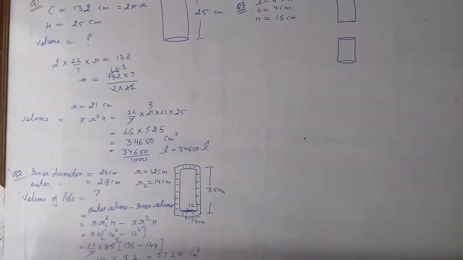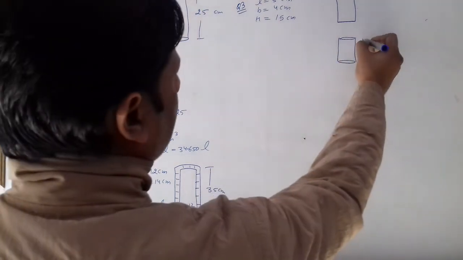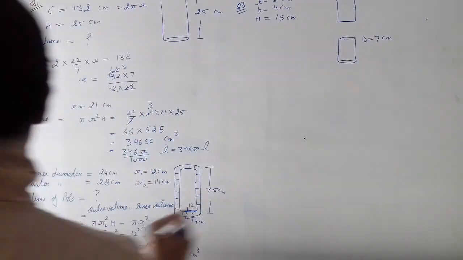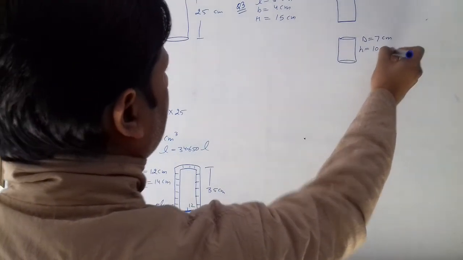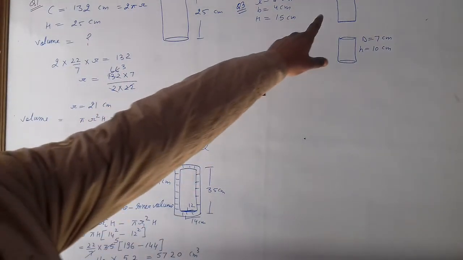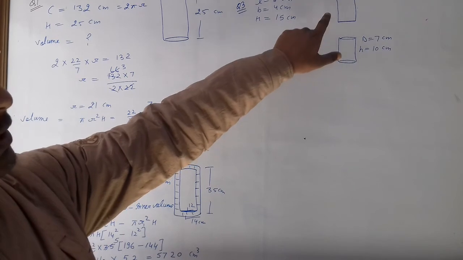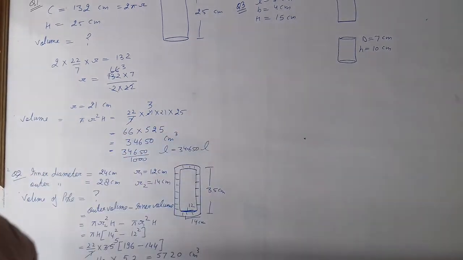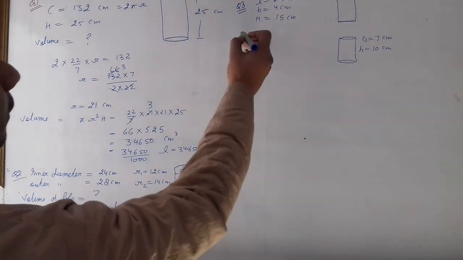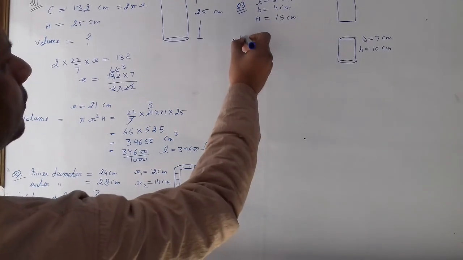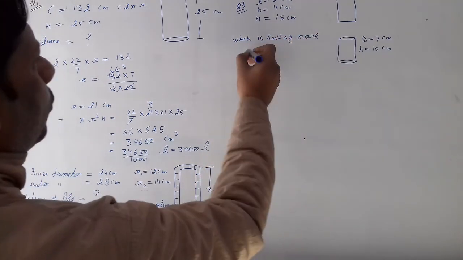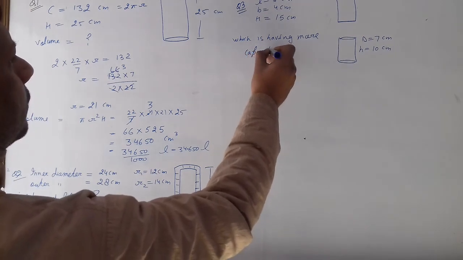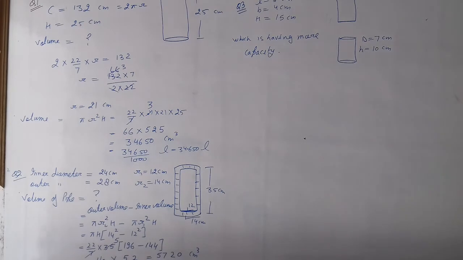And next one, that is the cylindrical, its diameter 7 centimeter and height 10 centimeter, right? एक है आपके पास रेक्टेंगुलर बेस है इसका, आप कह सकते हो क्यूबॉइडल टिन, एंड अदर वन इज द सिलेंड्रिकल टिन. विच कंटेन्स मोर कैपेसिटी। आपको फाइंड करना है विच इज हैविंग मोर कैपेसिटी, right?